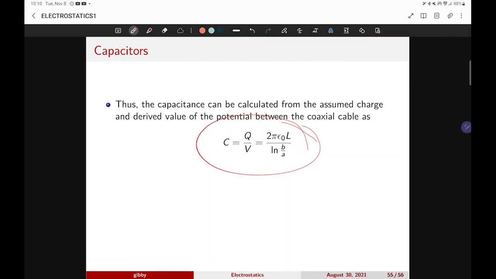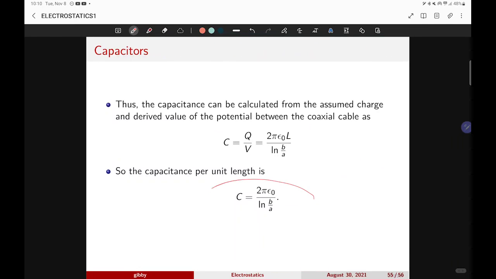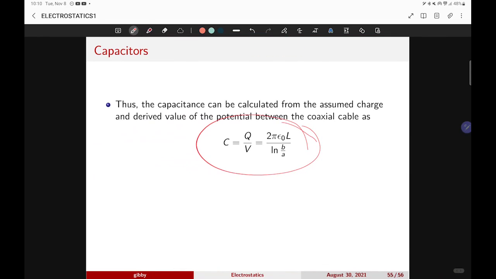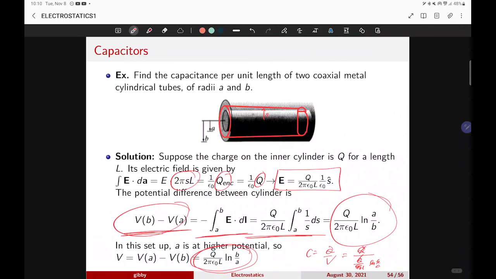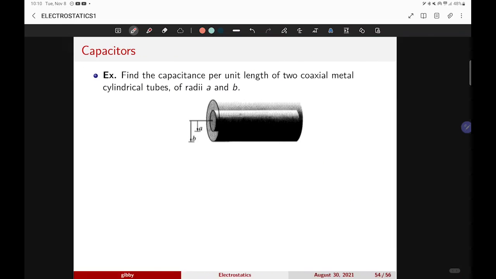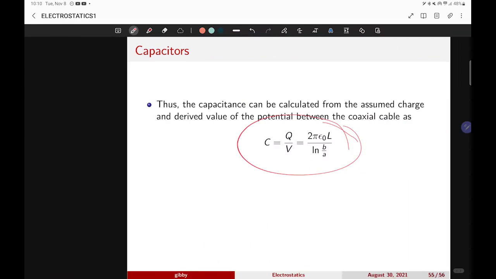So from that, you get this expression. That's your capacitance per unit length. So feel free to pause the video and try to do the calculation on your own, of course, to gain confidence in that process.